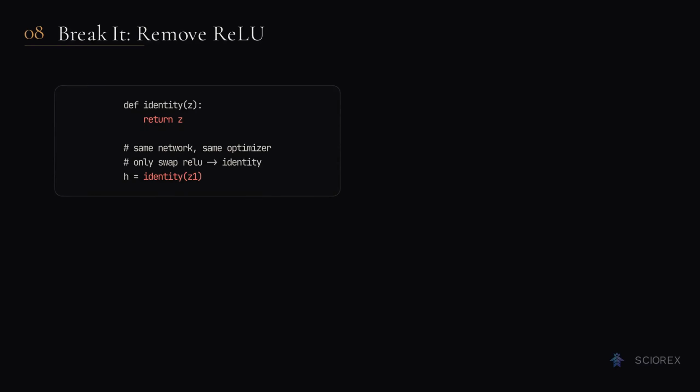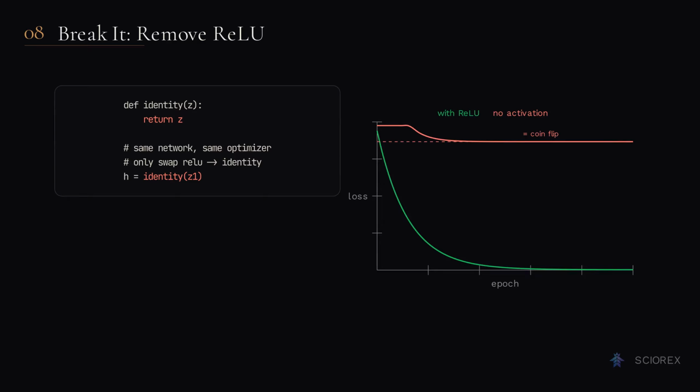Here's the what if experiment. What happens if we remove the nonlinearity? Replace ReLU with the identity function. Just pass the values through unchanged. The loss is stuck at 0.6931. That's the loss of predicting 0.5 for everything.